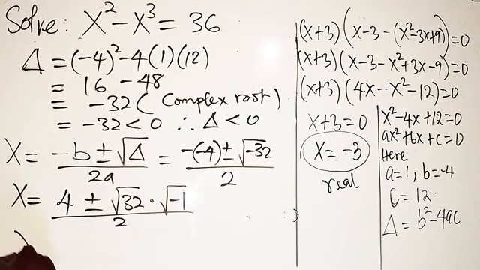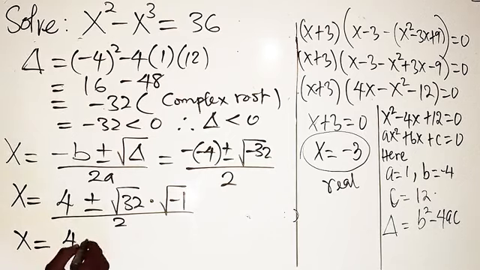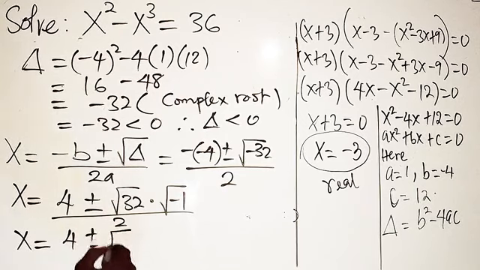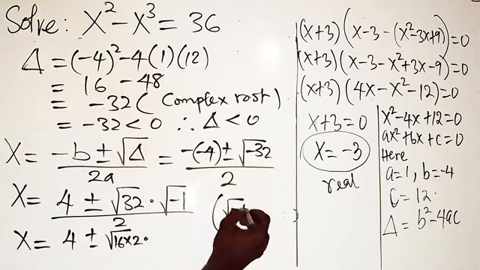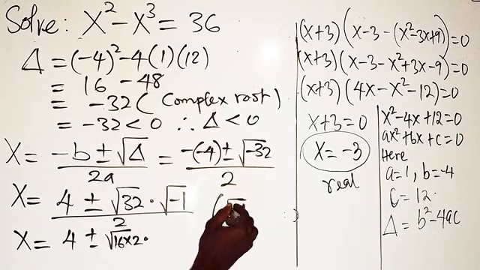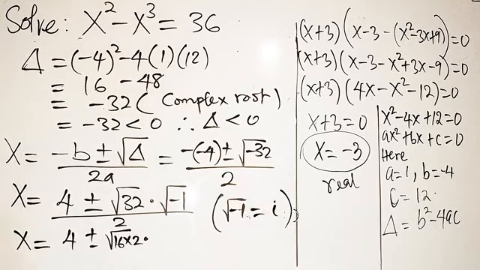So now from there, we have x equals 4 plus or minus, this can be 16 times 2. Then don't forget i. The root of minus 1 will give us i, that is the imaginary number, then divide by 2. Okay, so now we continue from there.